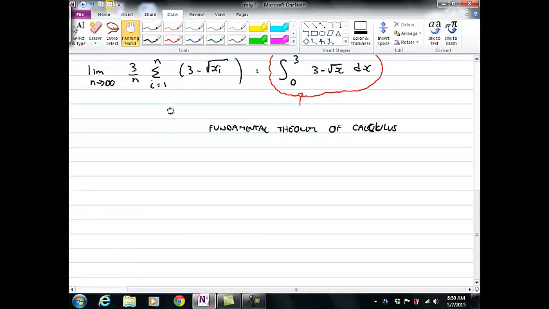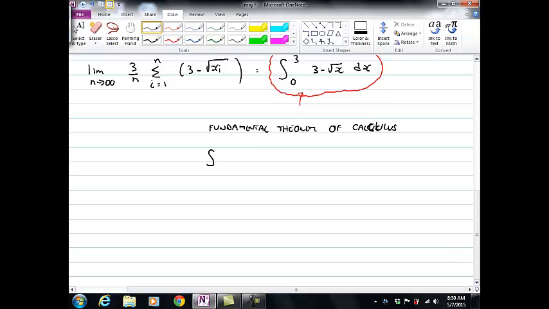The integral from a to b of f of x dx. Now I was asked a good question about what this dx is. I'll explain this dx later, not yet. Equals F of b minus F of a.